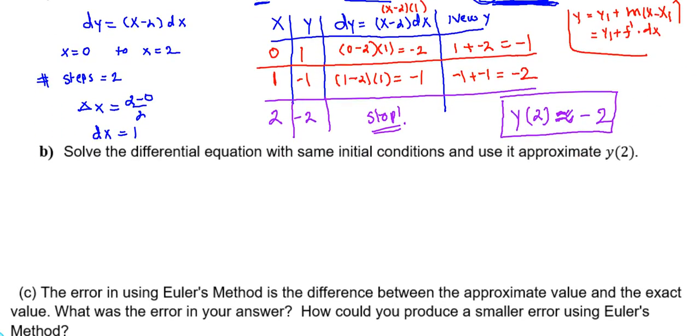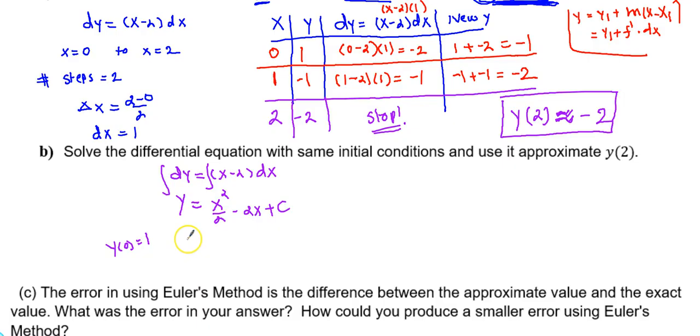So solve the differential equation with the same initial condition and use it to approximate y of 2. So let's try to solve this differential equation. dy is equal to x minus 2 dx. Y is equal to x square over 2 minus 2x plus c. We are given y of 0 is 1.